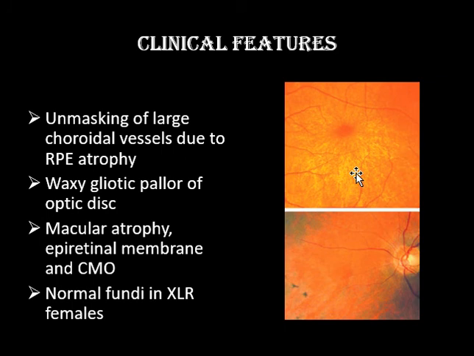You see a glistening tapetal reflex in the macula, and you may see some pigmentary changes at the periphery. So these patients, these females, are carriers, and they can transmit the disease to the next generations, but they do not show the full-blown picture.